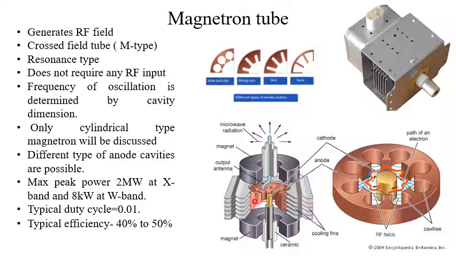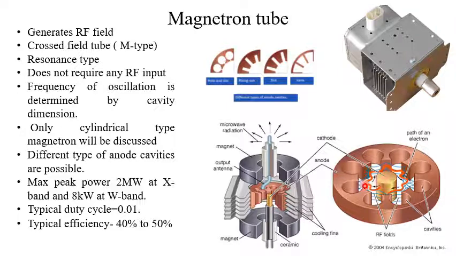If you consider this structure, this is the cylindrical structure where the cavities are made, and inside this there is a hollow space where the electron and RF field will interact, and at the center we have the cylindrical cathode.